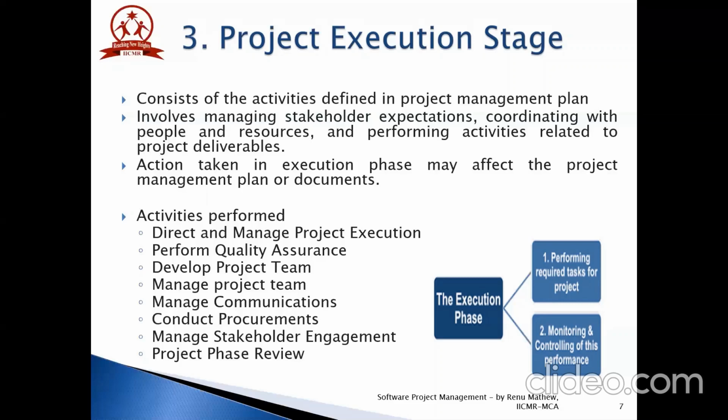Direct and manage project execution. This stage consumes most of the project cost, time, and resources, as this is the process that produces project deliverables. The inputs to direct and manage project execution are project management plan, approved change request, enterprise environmental factors, and organizational process assets.